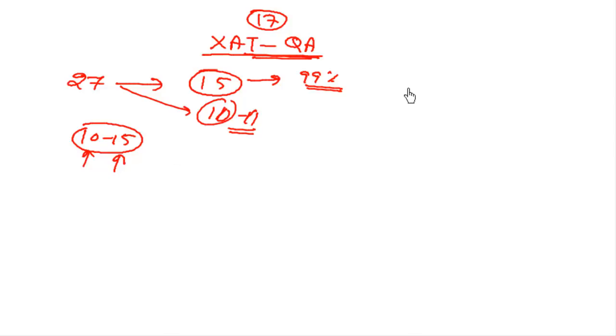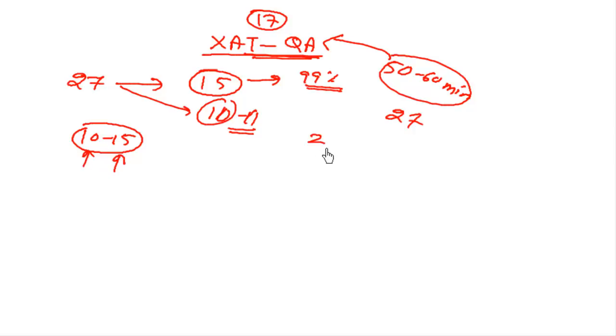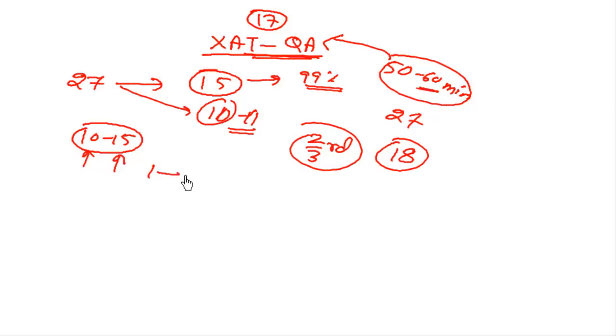The time was 170 minutes, with some more time given for GK etc. So I can easily say that close to 50 to 60 minutes you can give to the QA section of XAT, and there were 27 questions. I believe that two-thirds of the questions should be targeted, so close to 18 questions. If I take 60 minutes, then for each question I have at least 3 minutes.